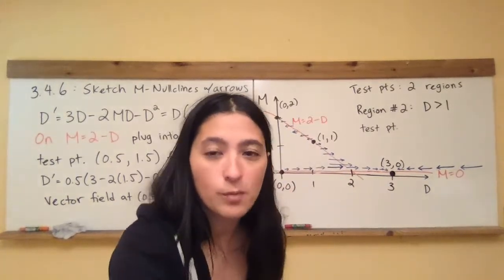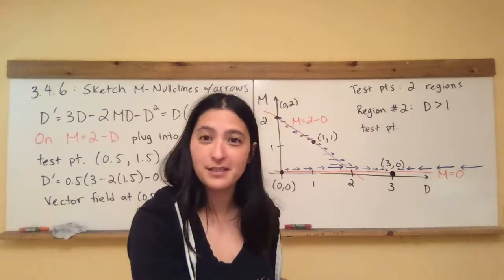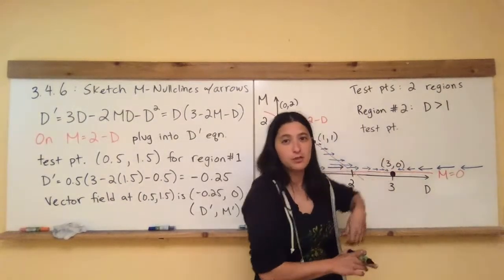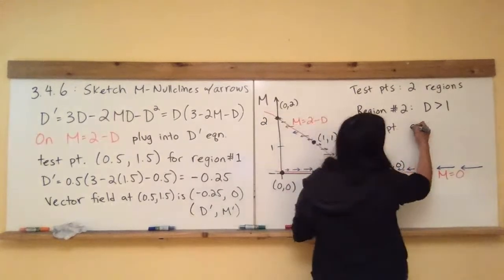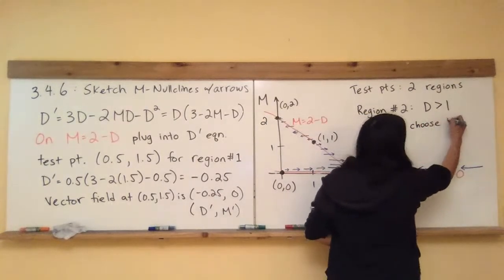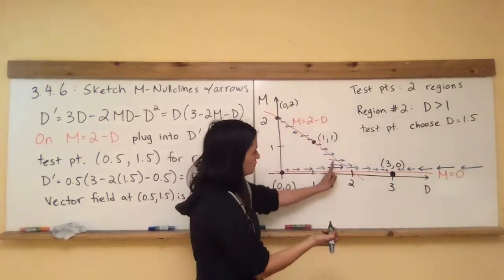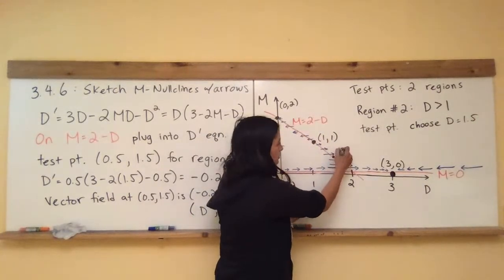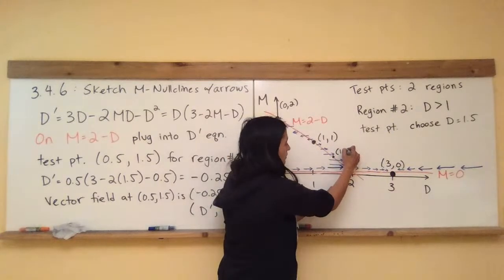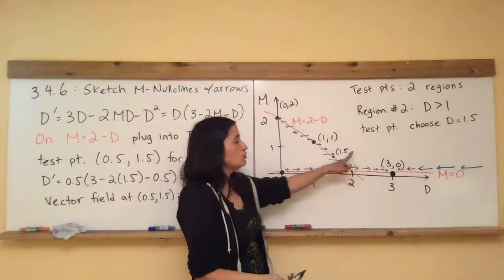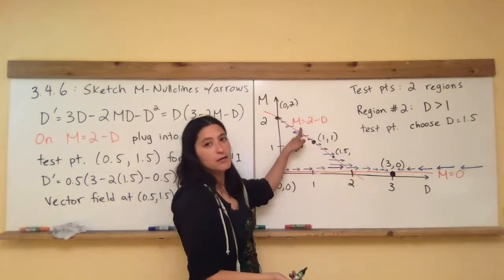And somebody says 1.5, comma 0.5. Perfect. That's great. Any value of d that's greater than 1 is going to be an appropriate value. So we can choose d is equal to 1.5. And then remember that in order to figure out what m is, we have to plug it in to the m nullcline, okay?